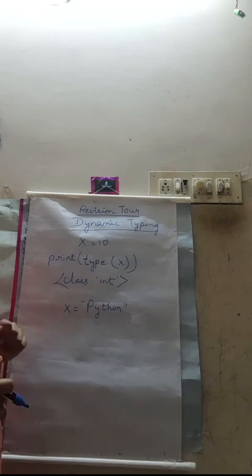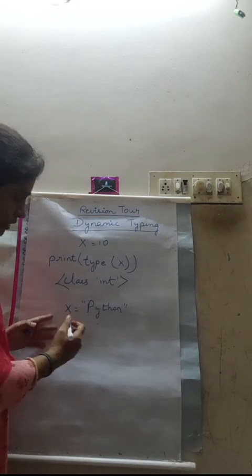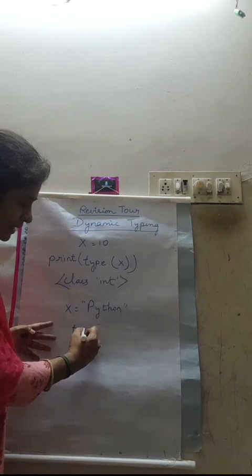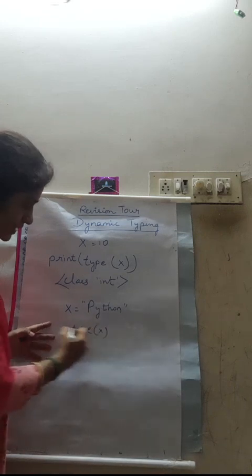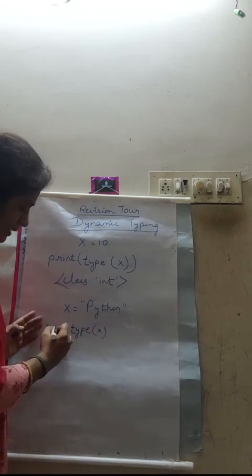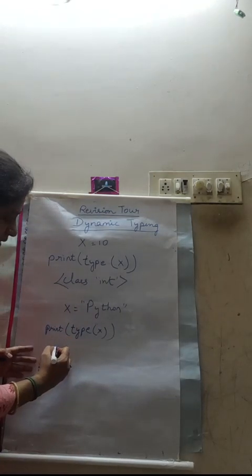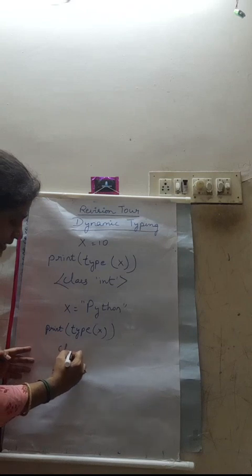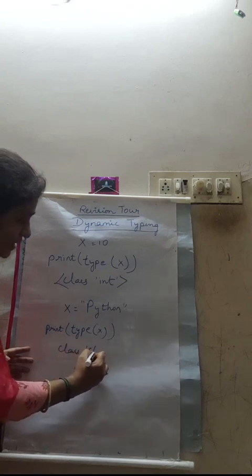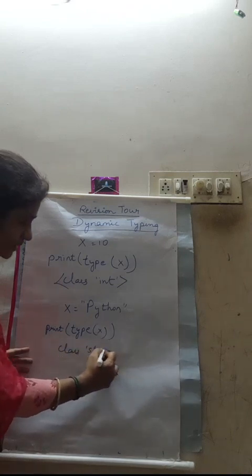Now here, what is the data type of x? If you want to see, I can write print type of x. So what will be the data type? Data type is going to be class string. That is, it is string data type here.